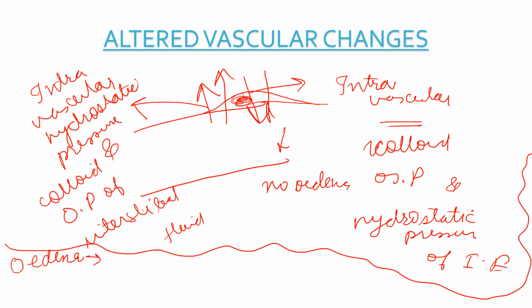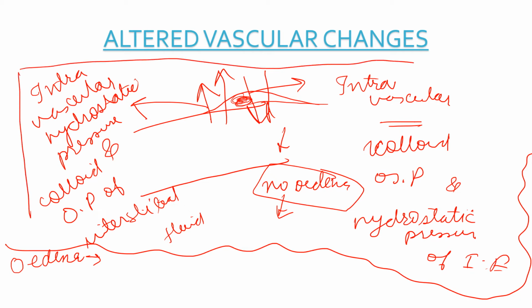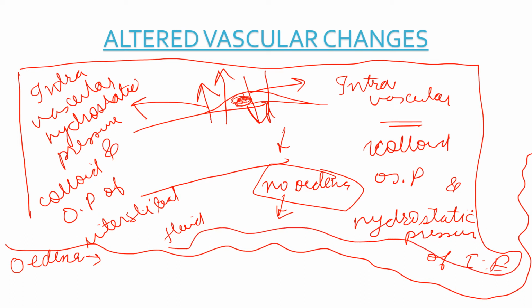If there is no edema, can we call it an inflammation? There arises one question. This is a process we have discussed which occurs normally in our body, and thus there is an inflow and an outflow, and no inflammatory part is seen.